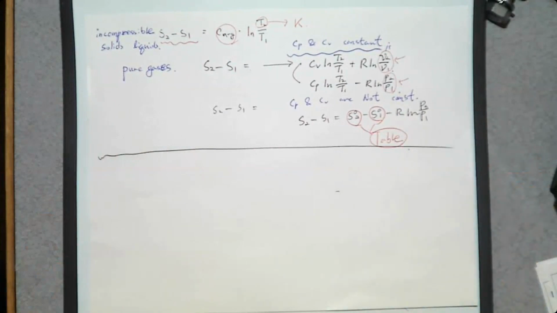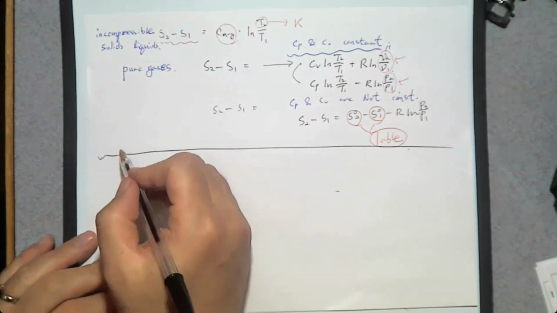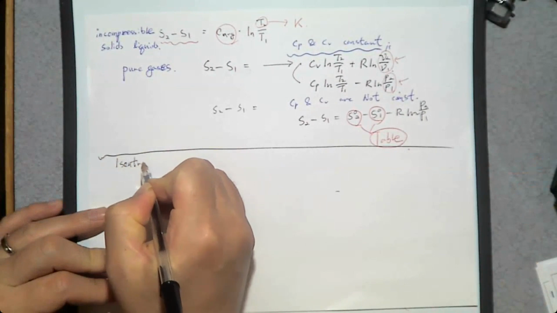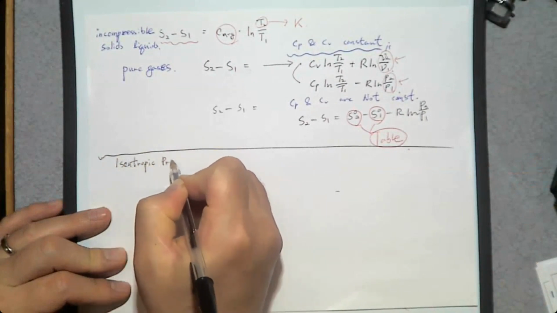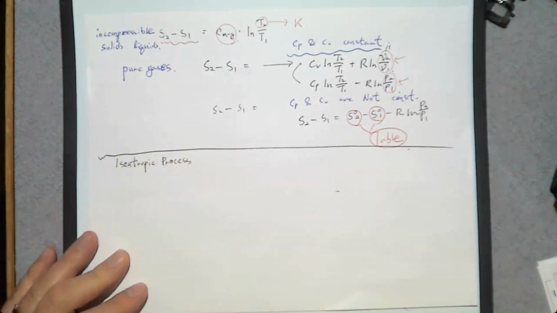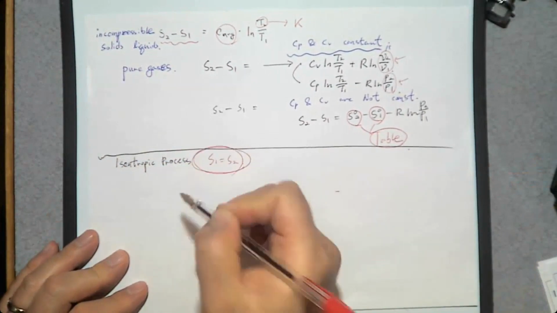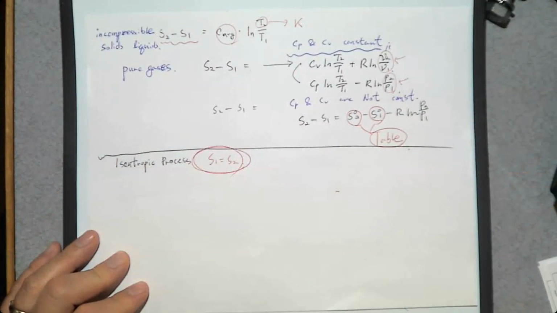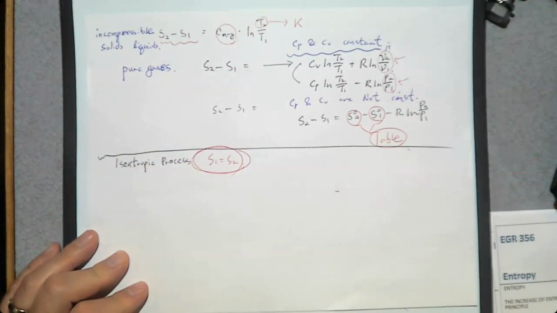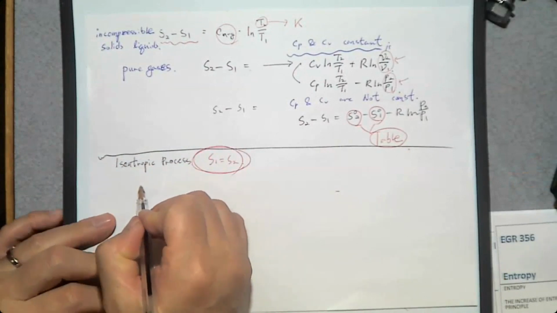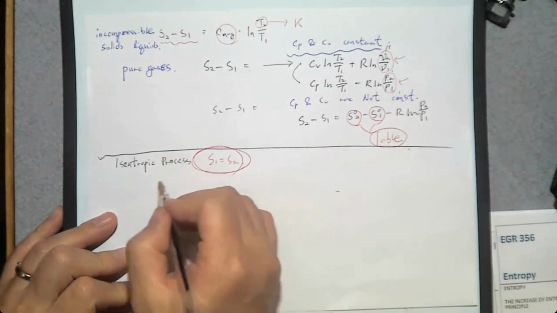And if we can assume a reversible process, which is an isentropic process, which means entropies do not change, S1 is the same as S2. If this is the case, we can find temperature volume relations for gas.